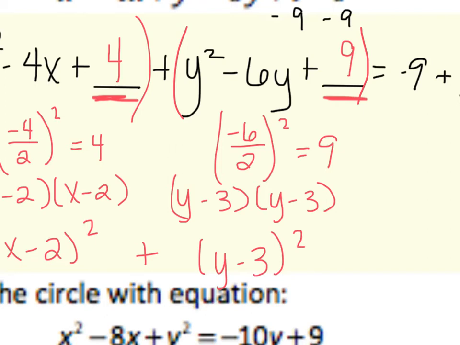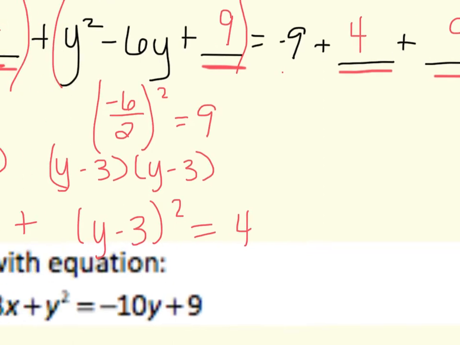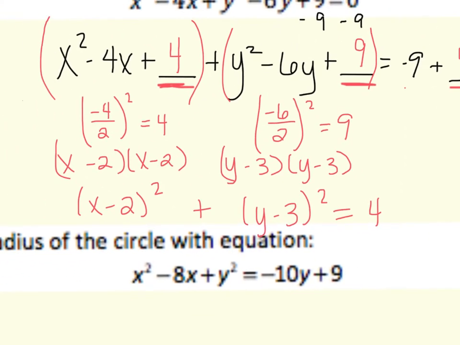Again, we're creating the equation of the circle by doing this. On the right-hand side, we have negative 9 plus 4 plus 9, and that just equals 4. So our equation of our circle is x minus 2 squared plus y minus 3 squared equals 4.